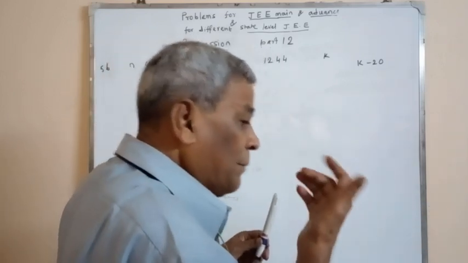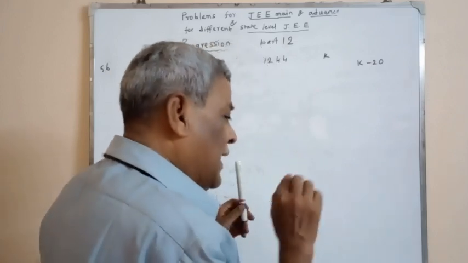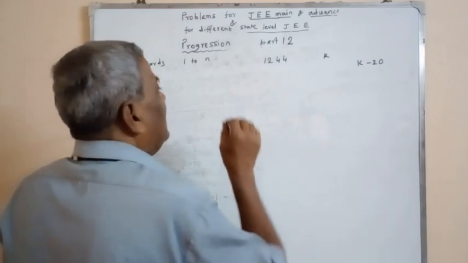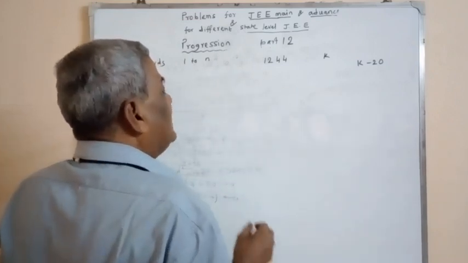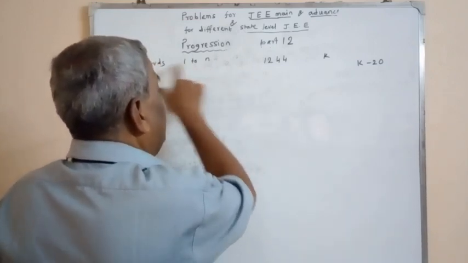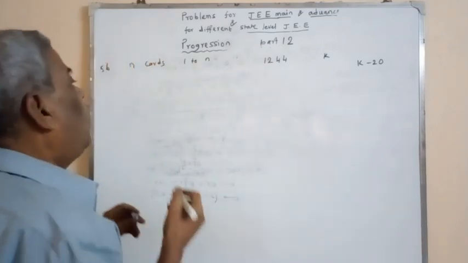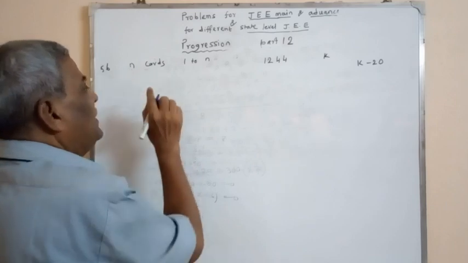So the numbers removed are k and k plus 1. And after removing these two cards, the sum of the remaining cards is that.